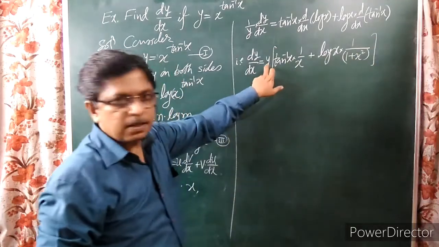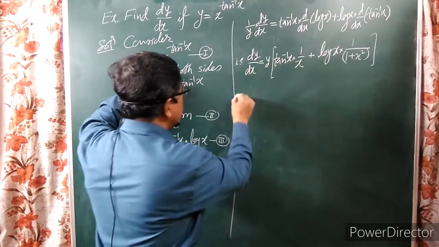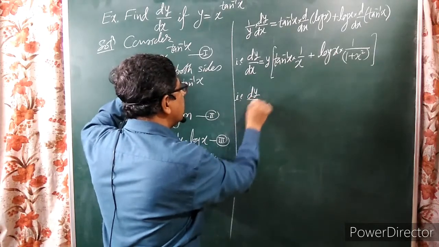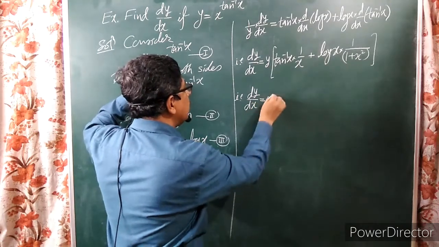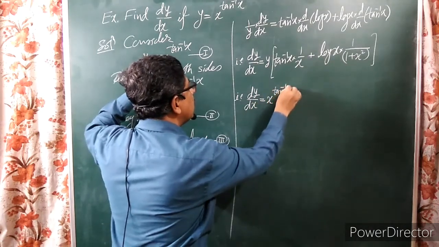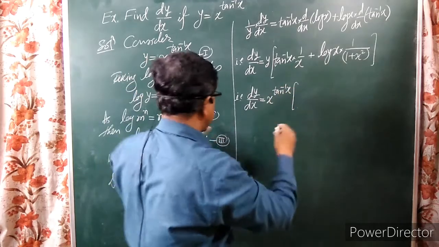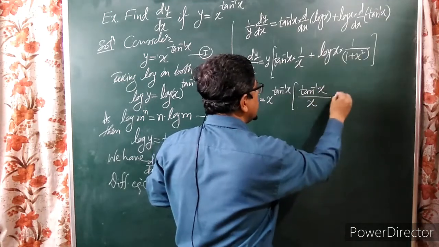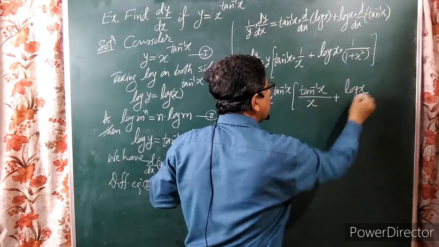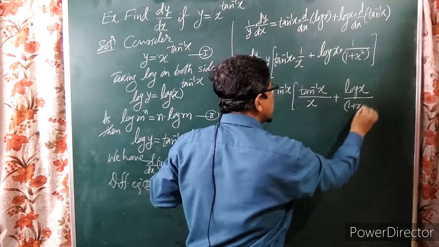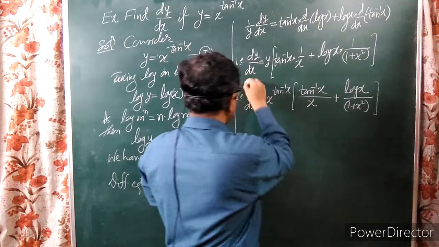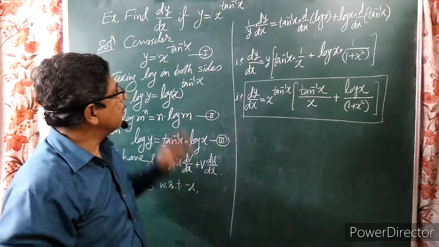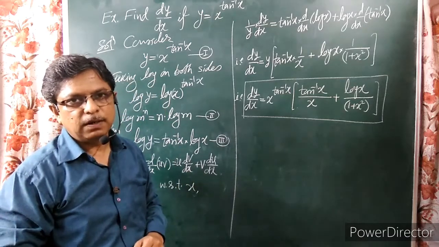And just replace y by given function, that is dy by dx is equal to x raised to tan inverse x into, this is tan inverse x divided by x plus log of x divided by 1 plus x square. And this is the answer for a derivative of given function. That's it for this example.